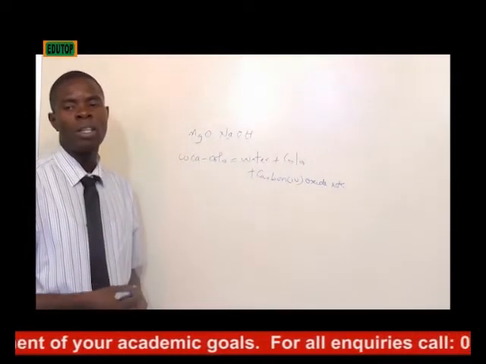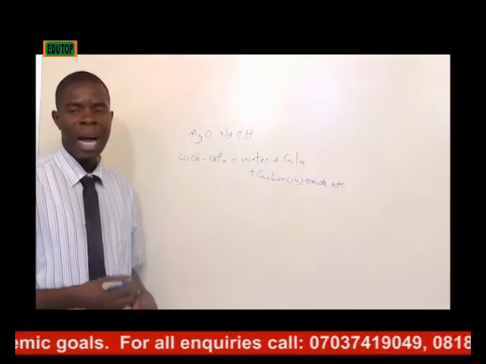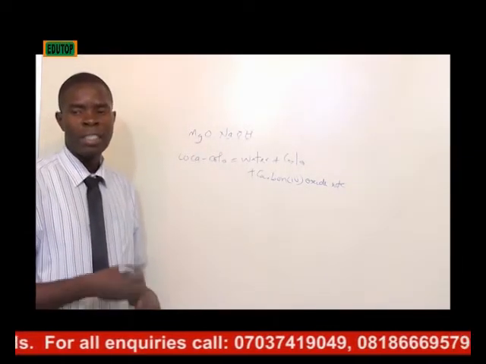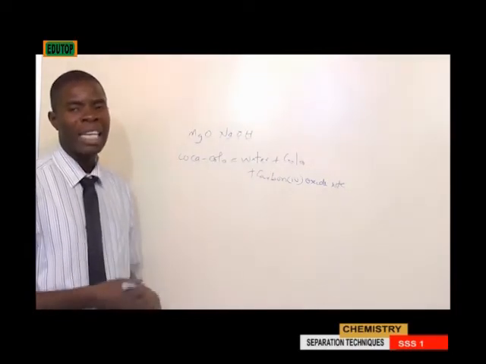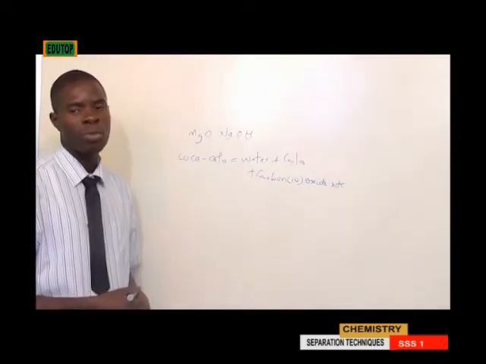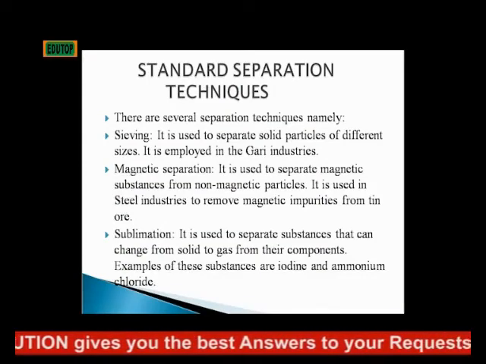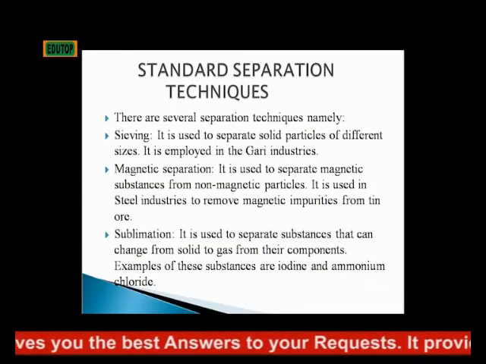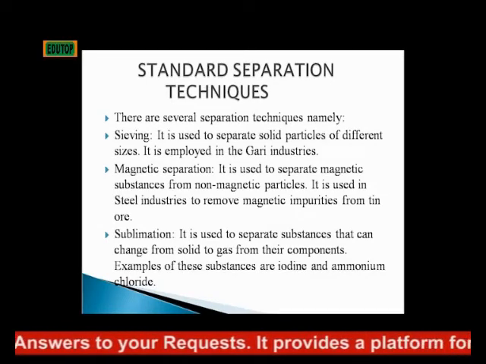The second one is magnetic separation. Magnetic separation separates magnetic substances from non-magnetic particles. It is used in steel industries to remove magnetic impurities from tin ore.